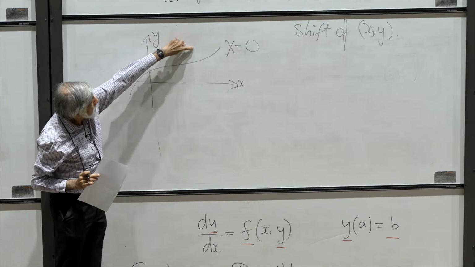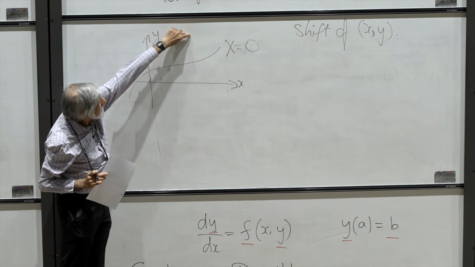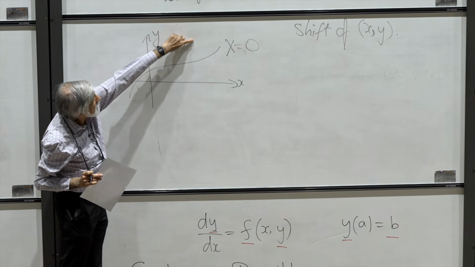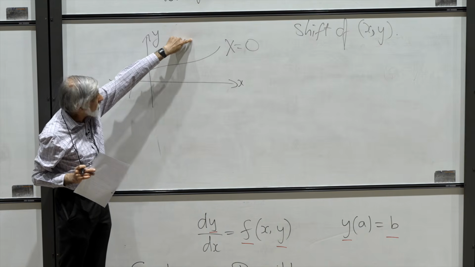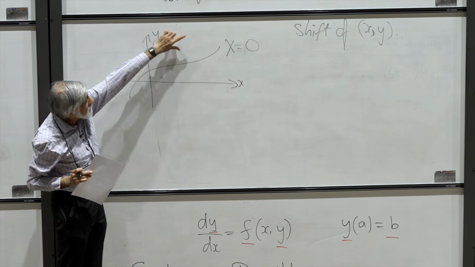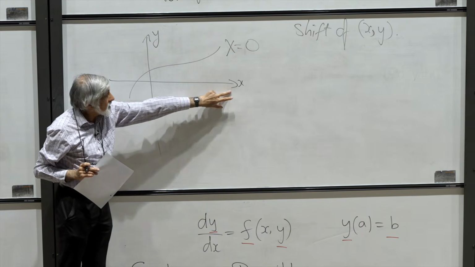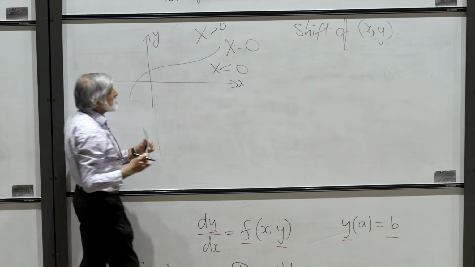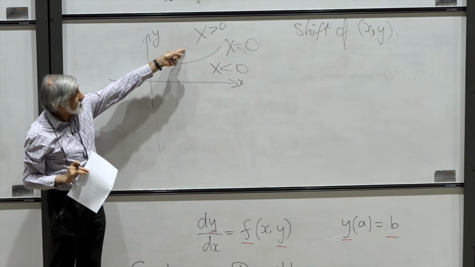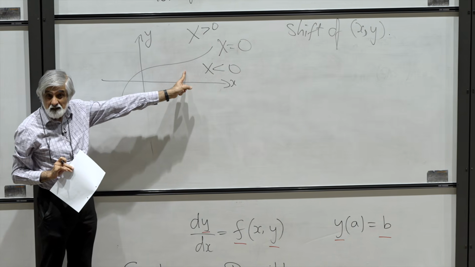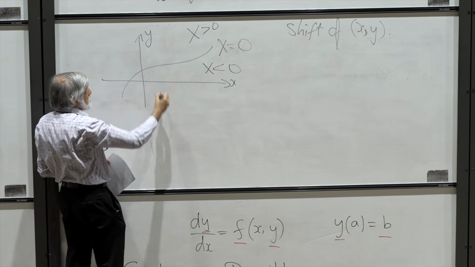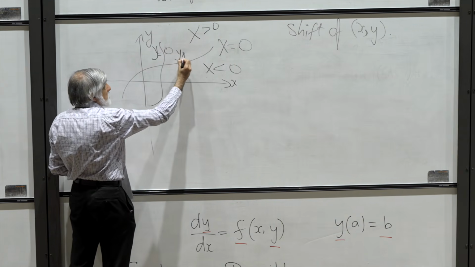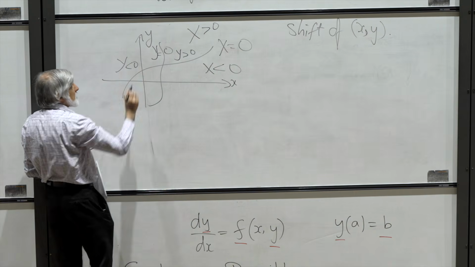Well, if it's positive here and it's negative here, then by the intermediate value theorem, it would have to be 0 somewhere here. And it's not, it's only 0 here. So I can immediately say above here, let's assume that big X is bigger than 0 up here. Then I can immediately say, oh, little x is going to be increasing here, little y is going to be decreasing here. And then suppose for big Y, suppose that's big Y equals 0. And suppose big Y is bigger than 0 here, less than 0 here.